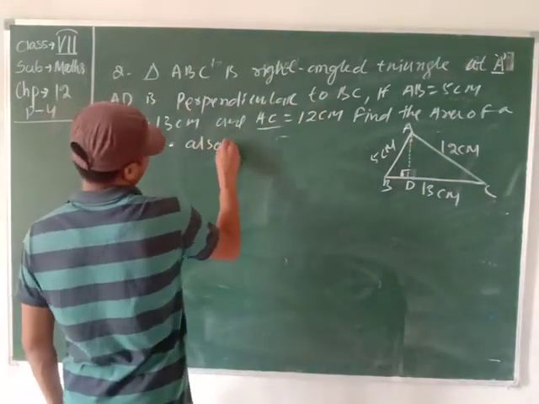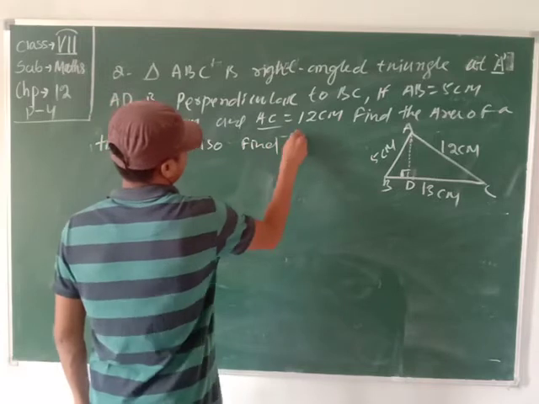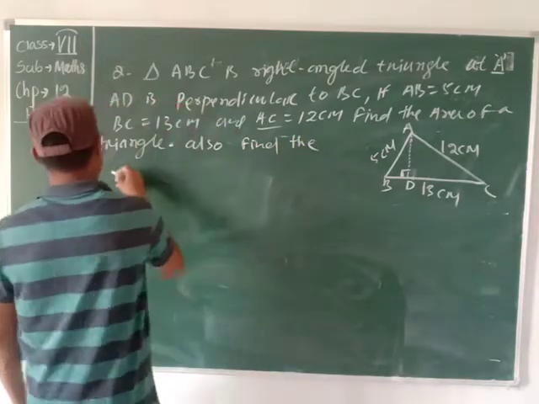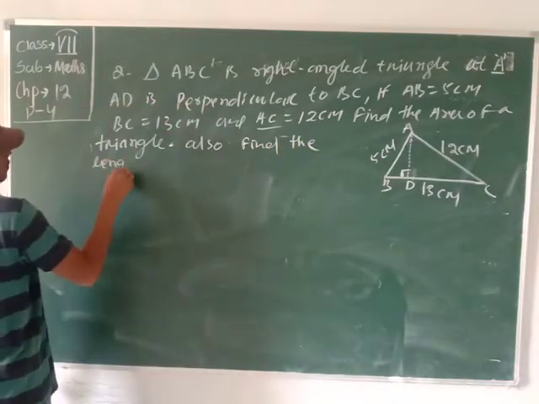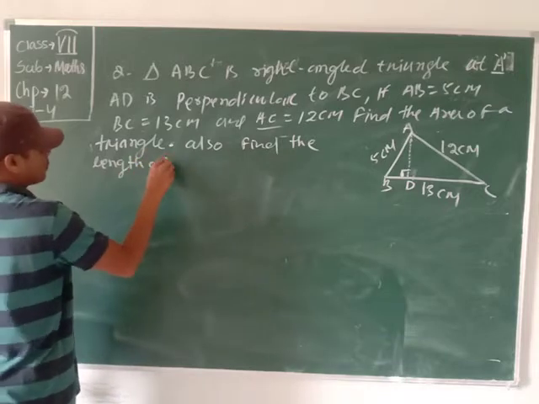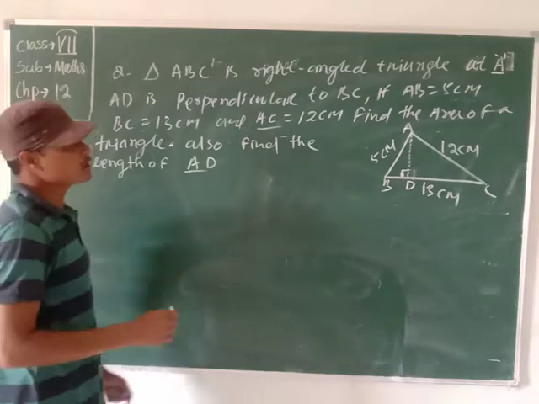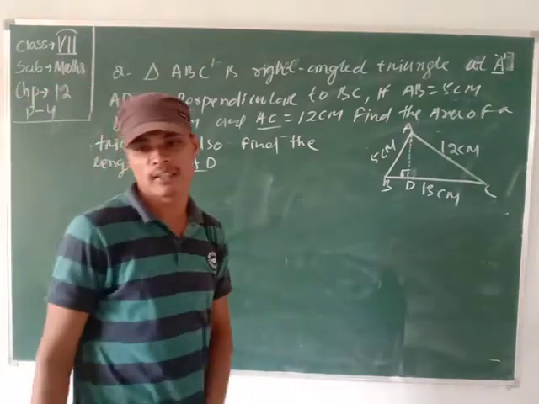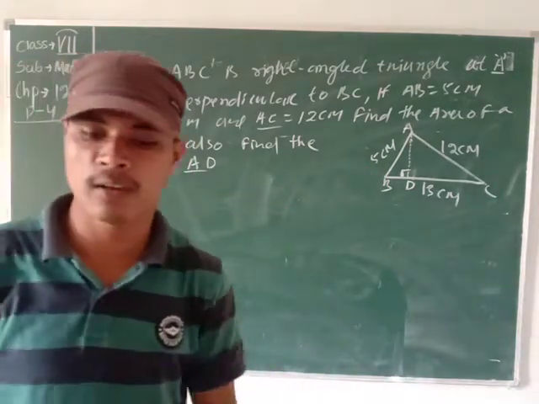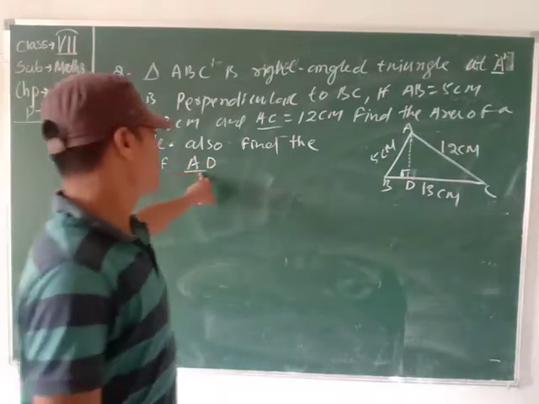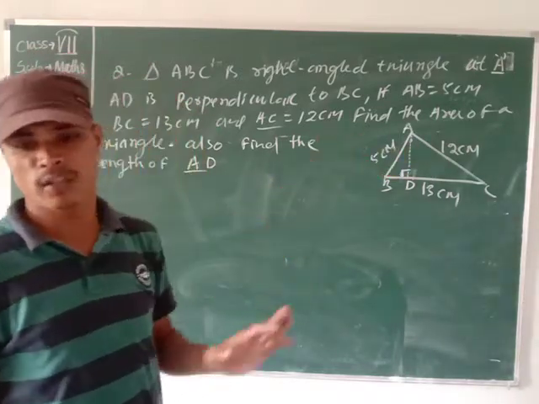Also find the length of AD. Okay, here AD is perpendicular. AD is not given, that means here we can find out AD. AD is perpendicular to BC. Then how can we find it?